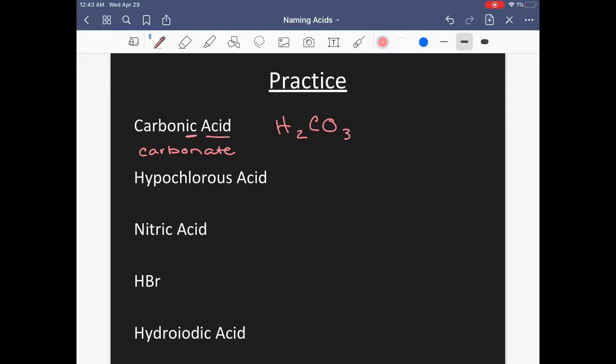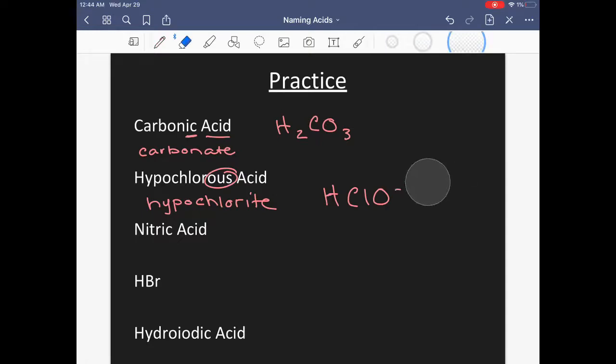All right, taking a look at example 2 here. Hypochlorous acid. I don't see hydro, so I know that this has a polyatomic in it. And this -ous lets me know that my original polyatomic was called hypochlorite. All right, that is going to be your ClO. Then I have a hydrogen because my ClO has a charge of -1. Then when I swap and drop, my charges cancel out.